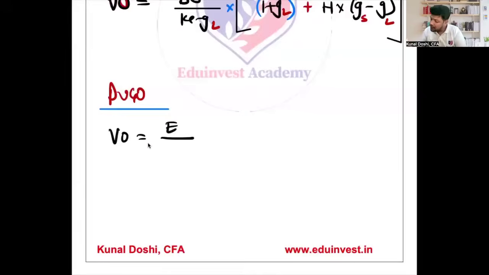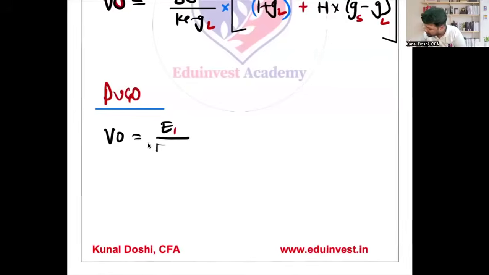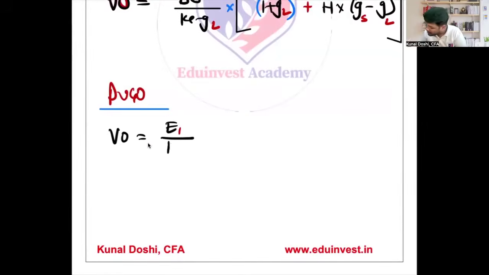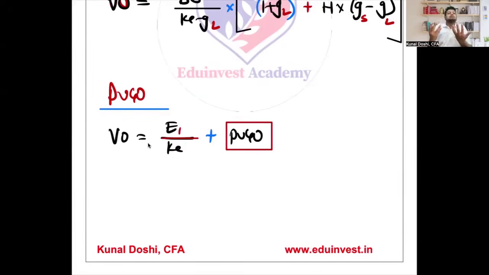Now, if the company is going to get these earnings forever, right? That's enough, right, for the company? Yes, but it does matter whether the company is going to retain these earnings or pay out. The company will only grow, or the company will have additional value, if it is going to retain these earnings. That's your PVGO. Now, many students ask questions, sir, how do I find PVGO? Actually, PVGO is the missing number.